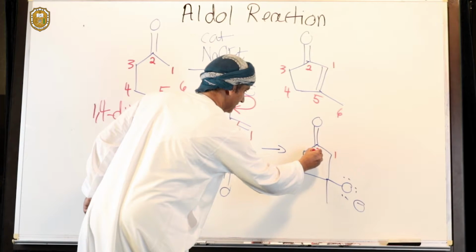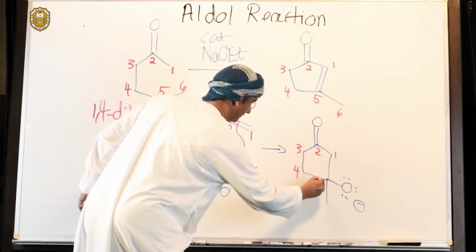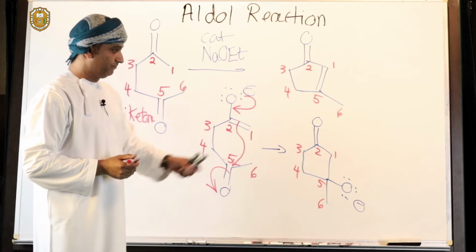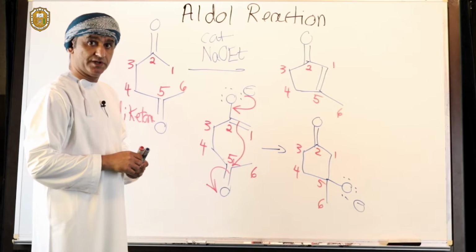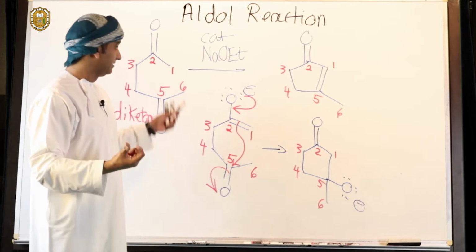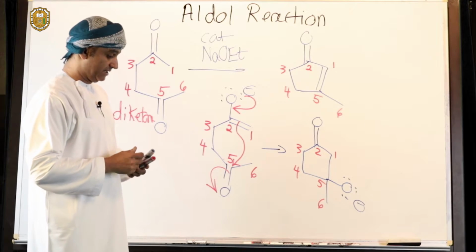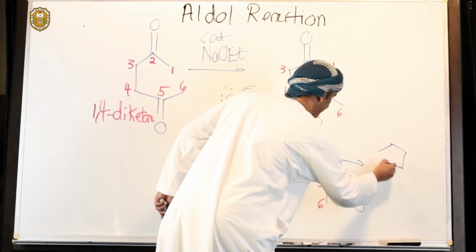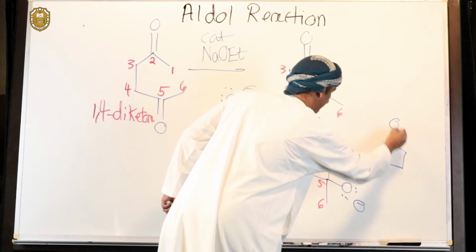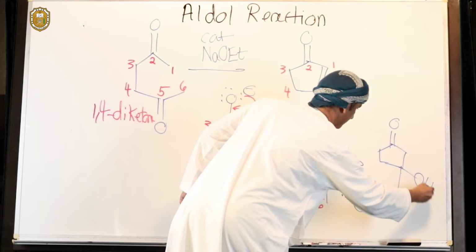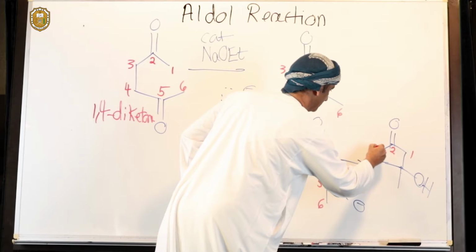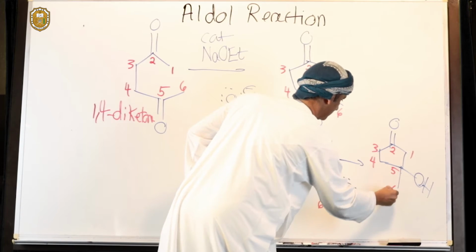Again, these are the numbers 1, 2, 3, 4, 5, 6, and of course this beta alkoxy carbonyl compound undergoes protonation with ethanol, because ethanol is produced, to give the beta hydroxy carbonyl compound. So 1, 2, 3, 4, 5, 6.